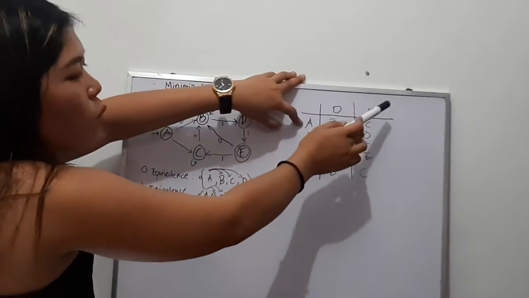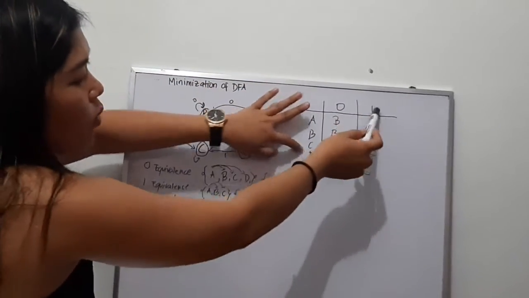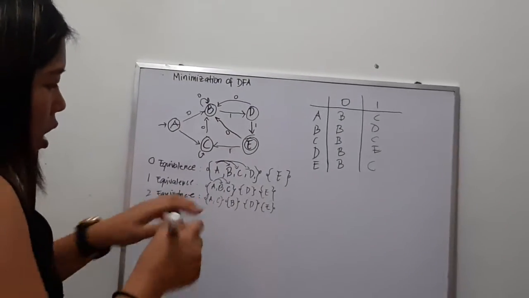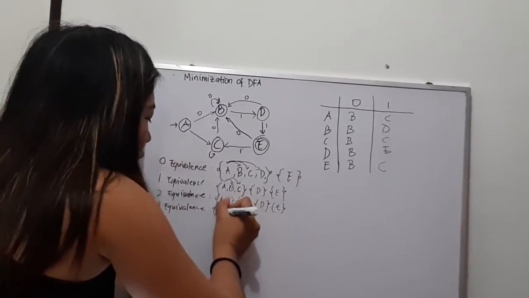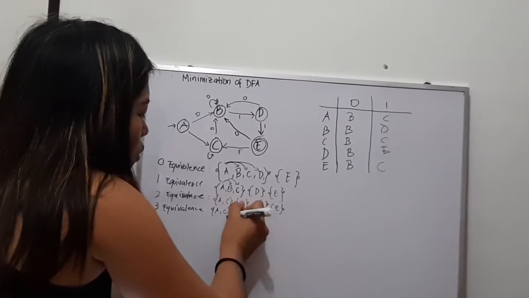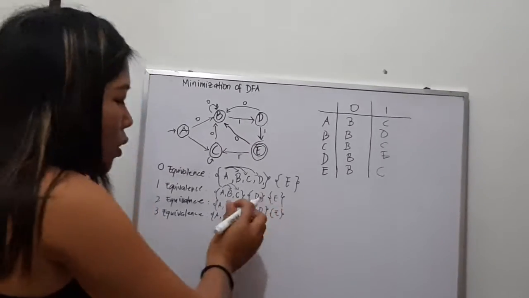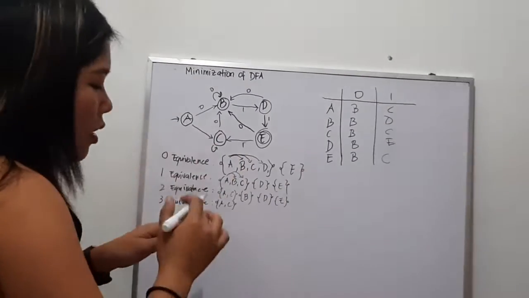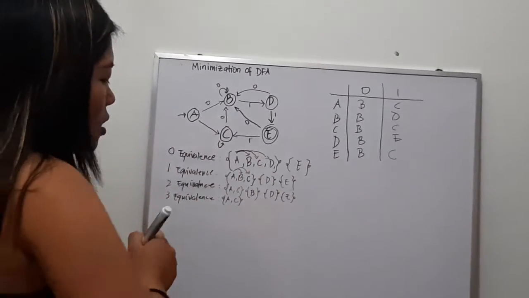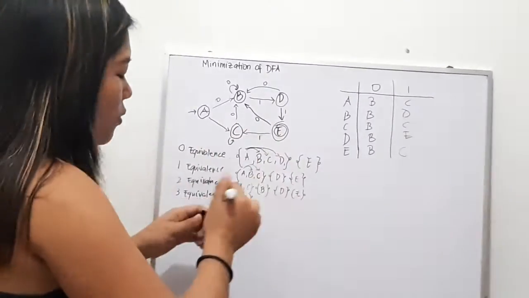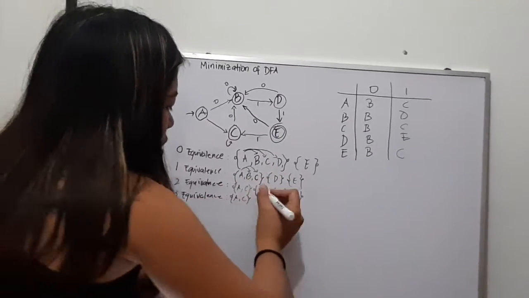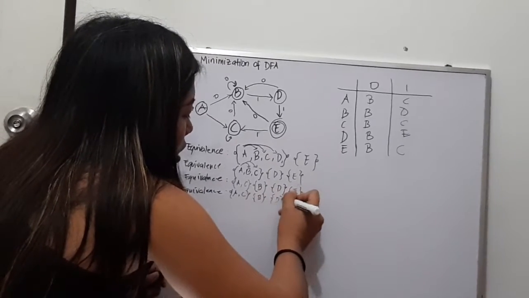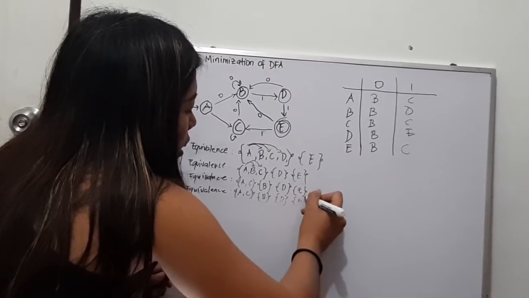A given input 1 goes to C, C given input 1 goes to C, no problem, they are the same. So I will put A and C into the same set again, and we don't have to check for B, D, E because they are already in separate sets. So I don't have to combine them with anything. I will bring B down and copy D and then copy E.